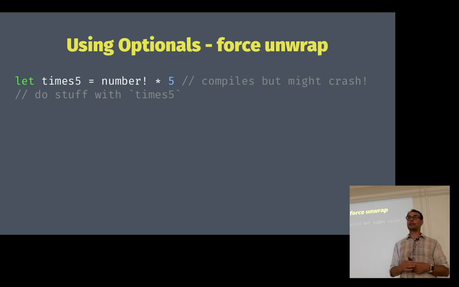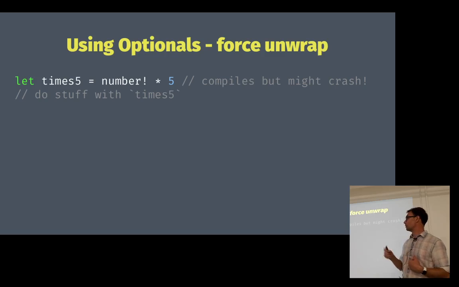Force unwrap gets the value out of the optional, and then you can use that as a non-optional value. Now the downside of this obviously is if it is nil and you force unwrap, your program's going to crash. That's the main reason why generally it's bad style in Swift to use force unwraps in a lot of places. There are better ways to do it.